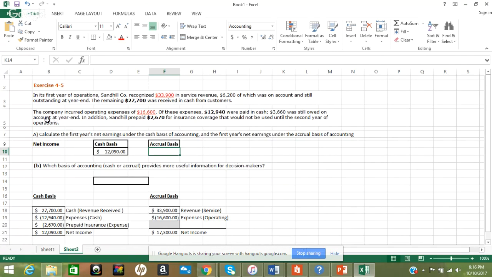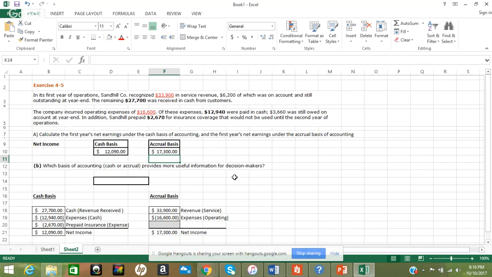And then it tells us the company incurred operating expenses of $16,600. So therefore, we're going to put a negative amount in there and come up with a net income of $17,300. So the difference between the accrual basis and the cash basis systems of accounting can be quite extreme.